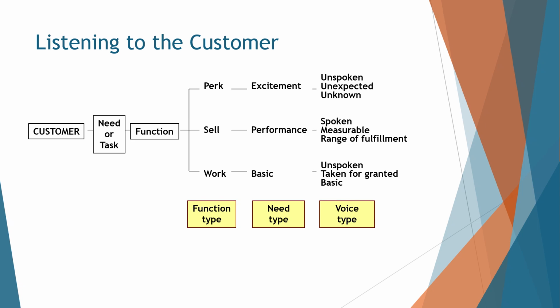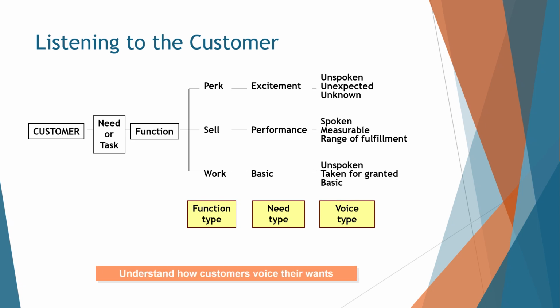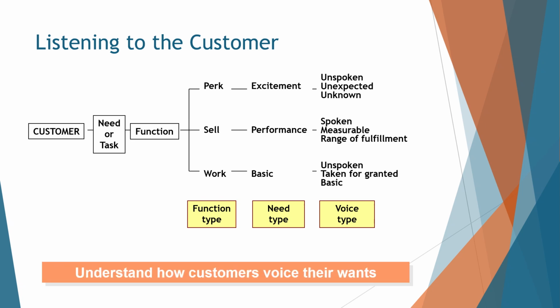The performance required to actually sell the product, that's spoken, that's measurable, that's range of fulfillment. And then the basic work required, that's unspoken, taken for granted, basic, right? The perk is that little cherry on top, I like to say. Understand how customers voice their wants.